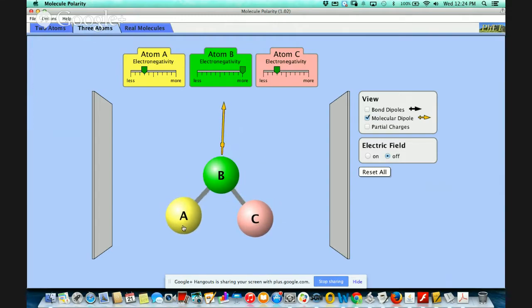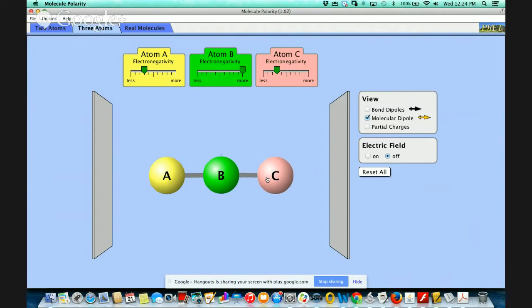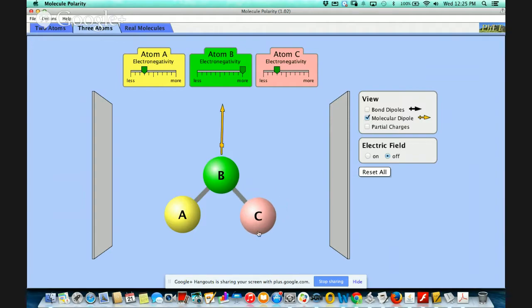The question is, what makes them stay straight and what makes them bend down? Right now, this molecule is nonpolar because it's symmetrical. There's two polar bonds here because the electronegativity is different. But if I make them asymmetrical, as we talked about yesterday, then this will be a polar molecule.